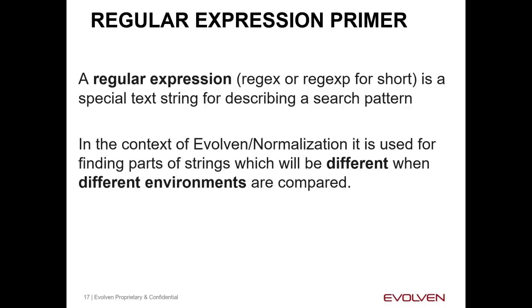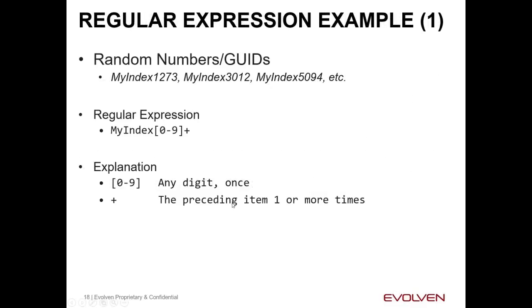Regular expressions are essentially these special text strings that describe a search pattern. So think of it as saying, I want you to look for this, and if you find it, then do something about it. And in our case, we use it for the purposes of finding when we need to pattern out information. So let's look at a few examples.